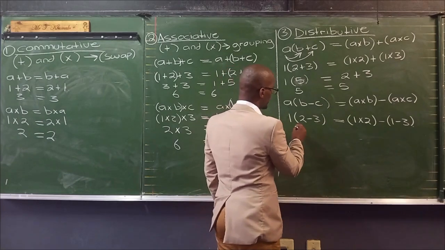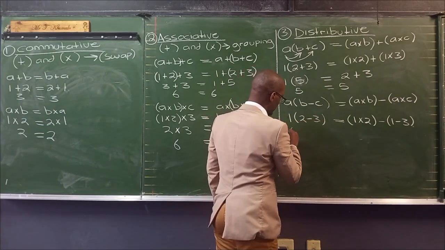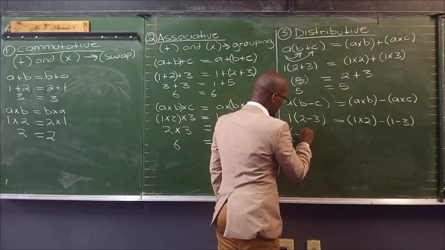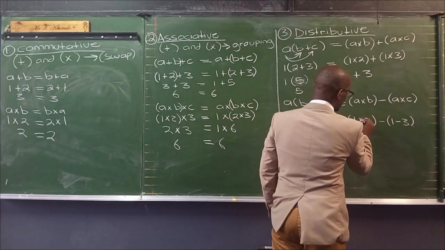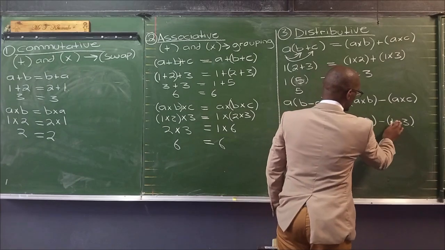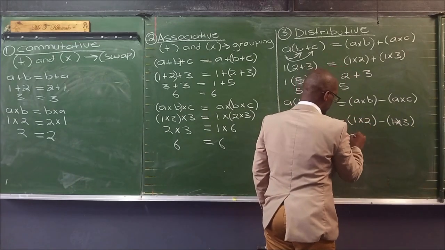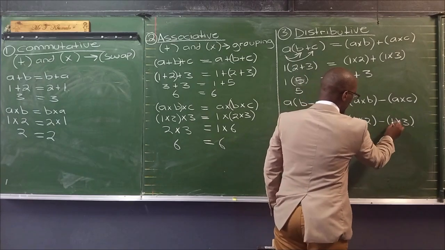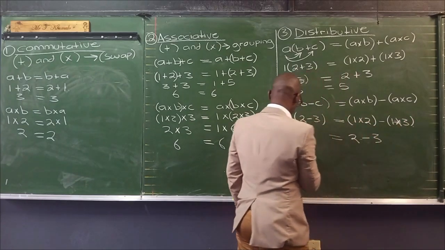Right, so now we can go here and say 1 times (2 minus 3) gives us 1 times negative 1, is equal to 1 times 2, so we have a multiplication over here. So 1 times 2 is 2, minus 1 times 3 is going to give us 3.